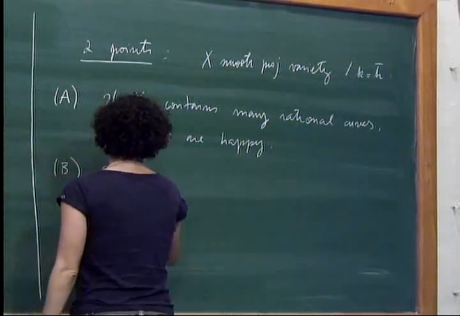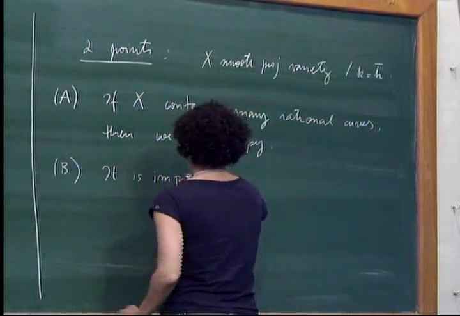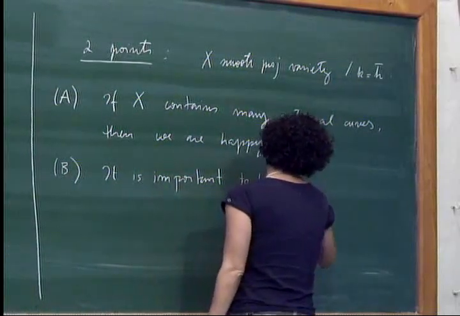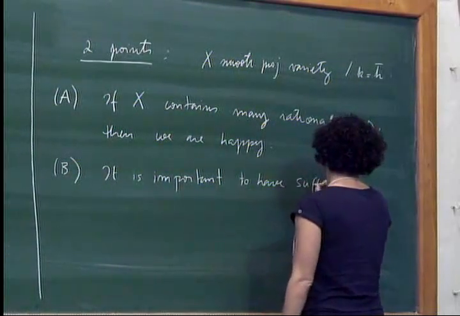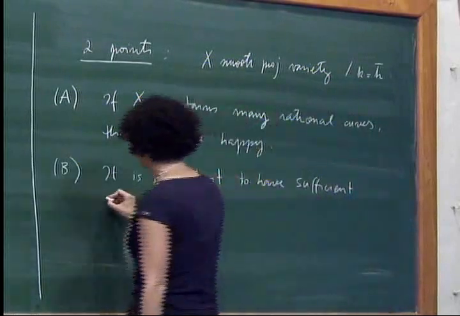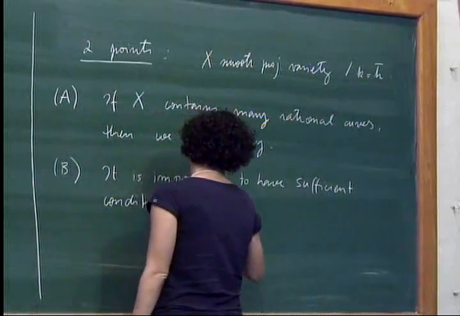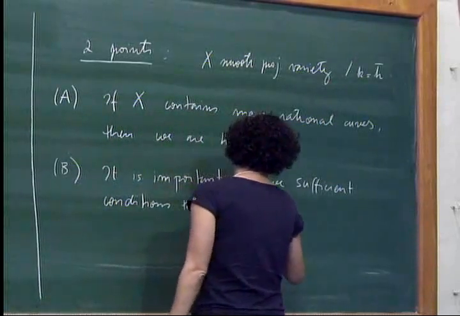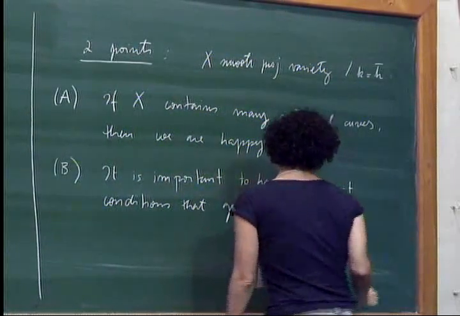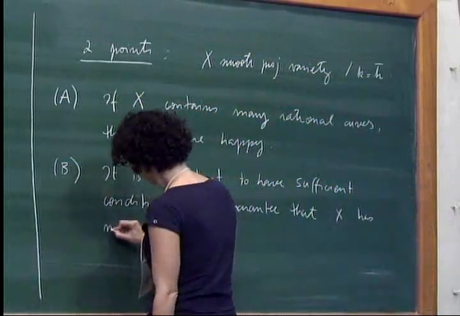So it is desirable to have sufficient conditions that guarantee that X has many rational curves.